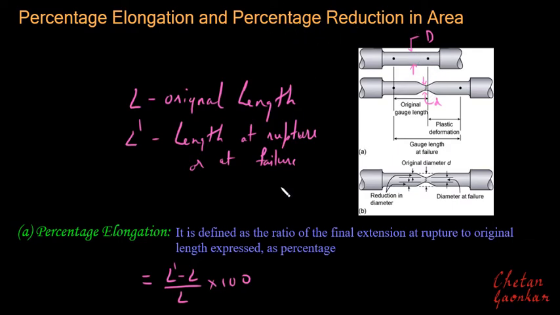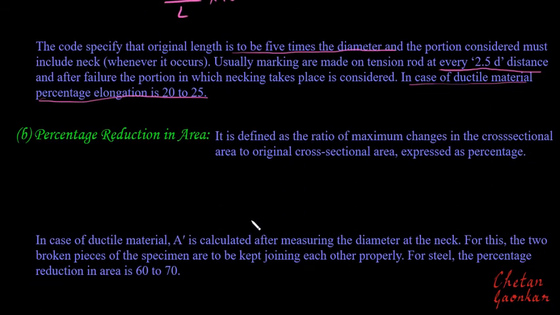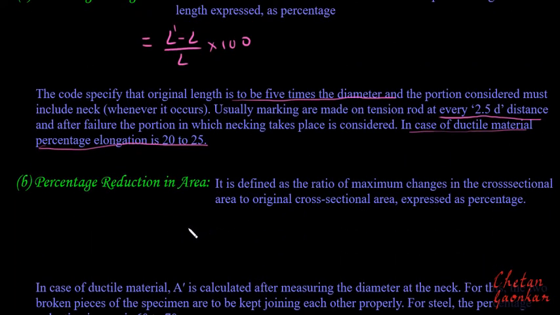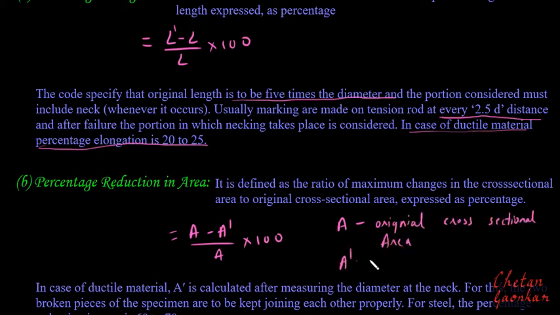So basically percentage reduction in area can be given as A minus A dash divided by A, multiplied by 100, where A is our original cross sectional area, and A dash is the minimum cross sectional area.